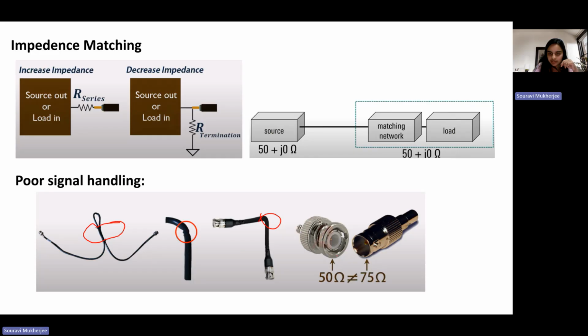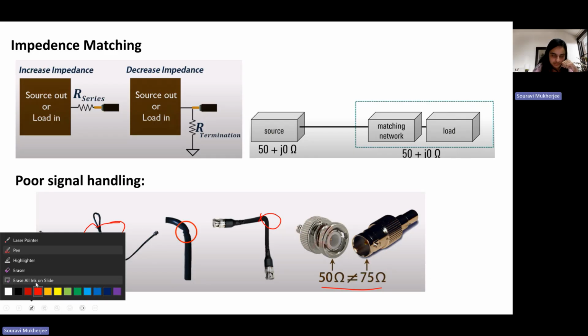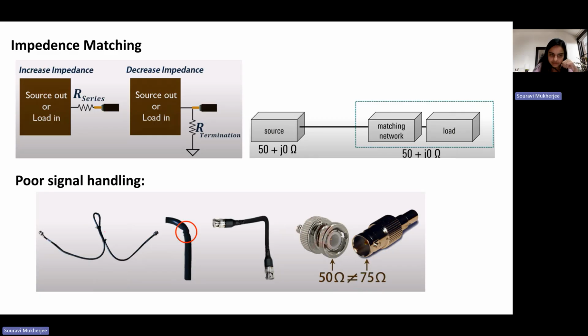If you have connectors of different impedances and you mix two, this would result in some backflow, some reflected power. These are signatures of poor signal handling that needs to be avoided, especially when dealing with sensitive instruments or sensitive measurements.